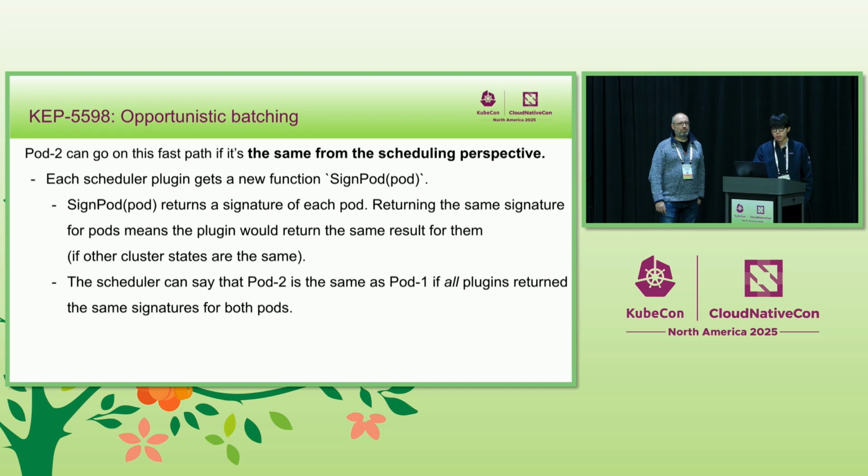It's kind of an implementation detail, but what we are doing is introducing a new concept called signature, and we implemented a new function, maybe you can call it a new extension point, called SignPod. SignPod basically gets a pod and returns a signature.